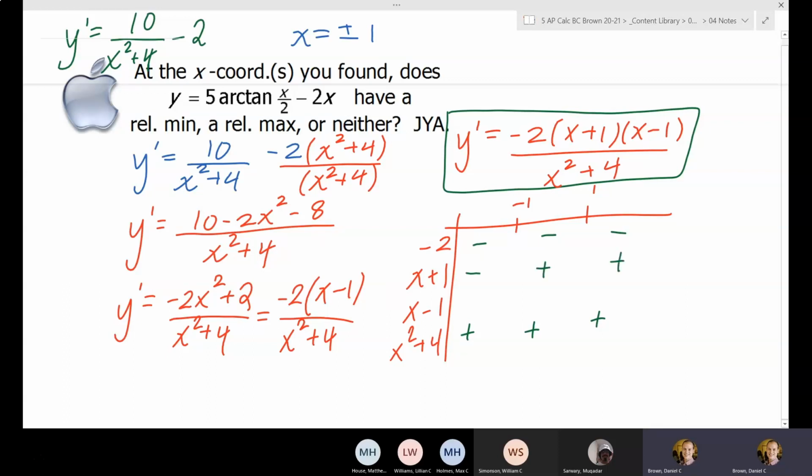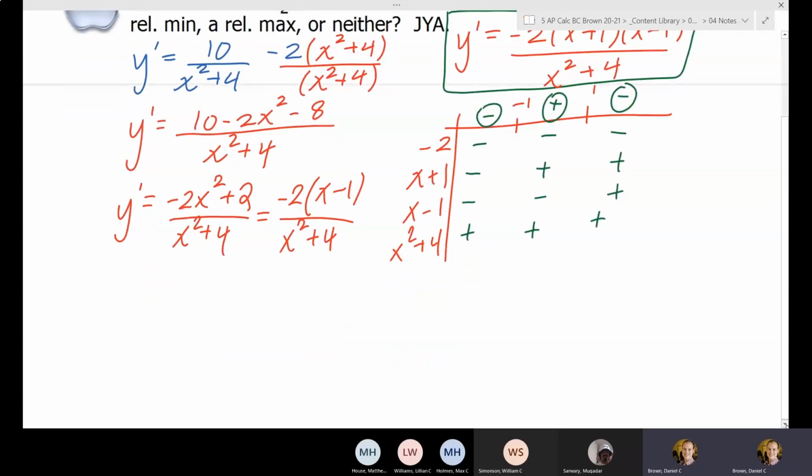Anything greater than -1 is going to be positive. For the next factor, anything less than -1 is negative. Anything greater than +1, excuse me, I said -1, +1 is going to be positive. So overall, we have a negative interval, and then a positive interval, and a negative interval. And from that sign chart, we can go ahead and classify our key points as minimums and maximums.